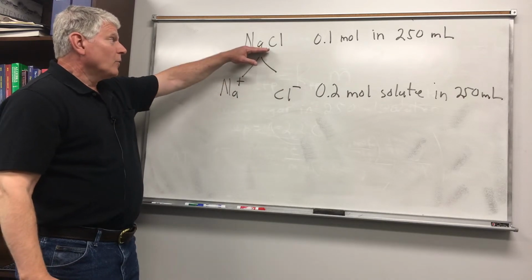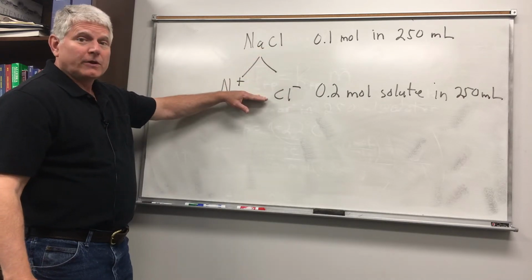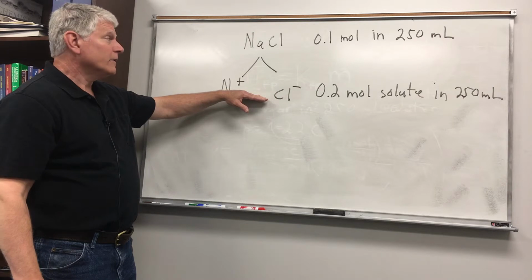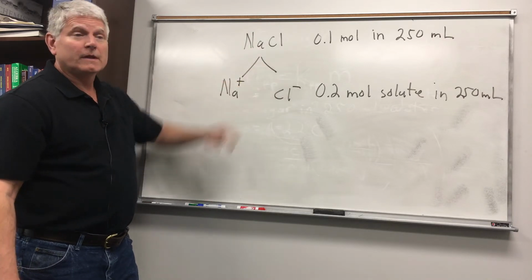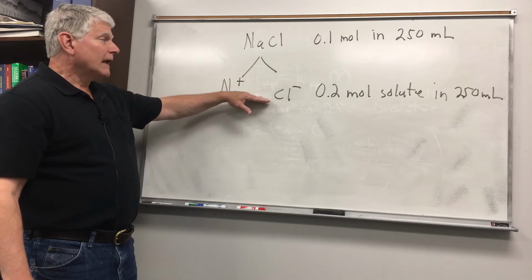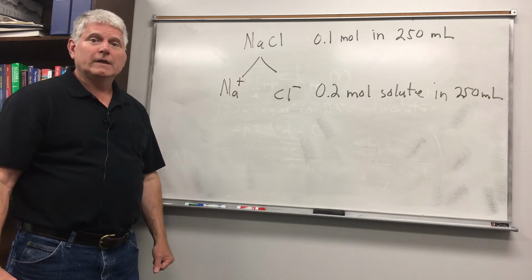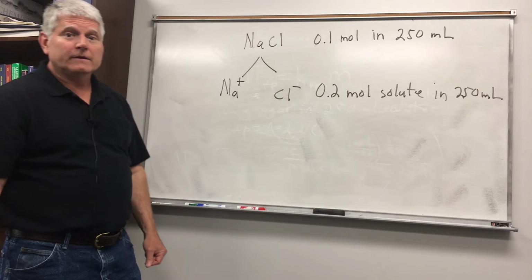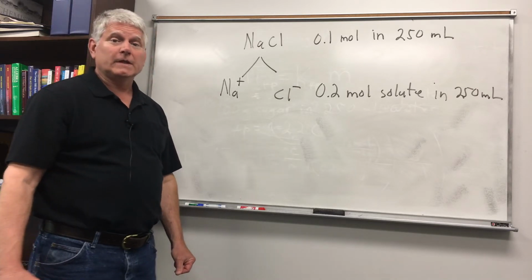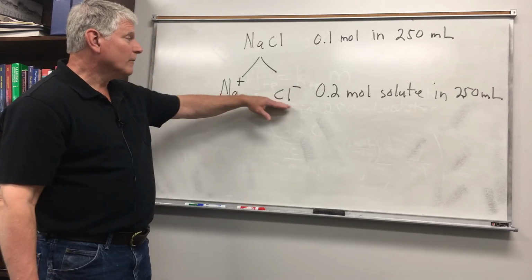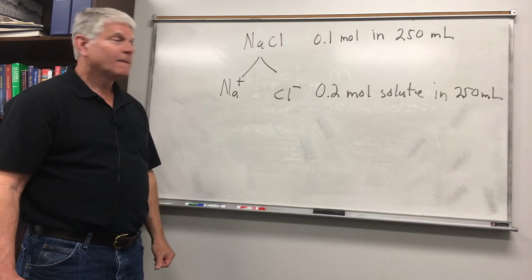Because we start with one thing, we end up with two things when sodium chloride dissolves. So we have to take into account the number of solute particles. Their identity doesn't matter for colligative properties, only the number of solute particles.